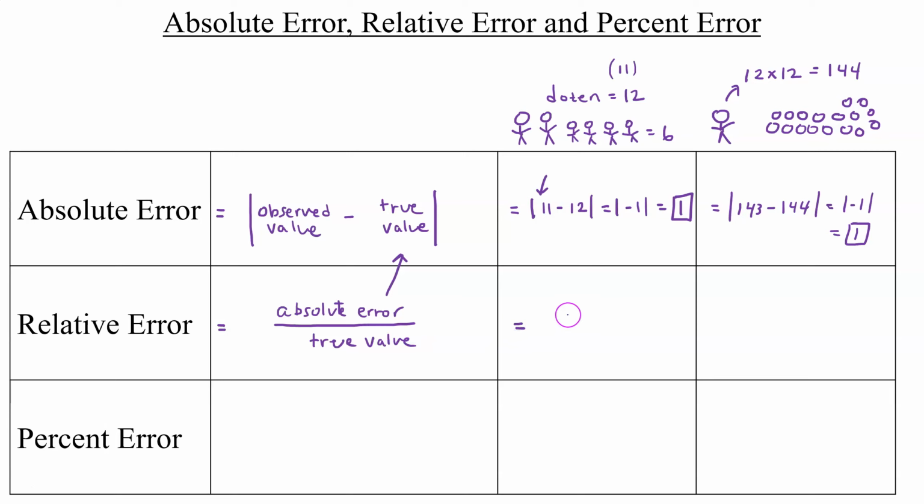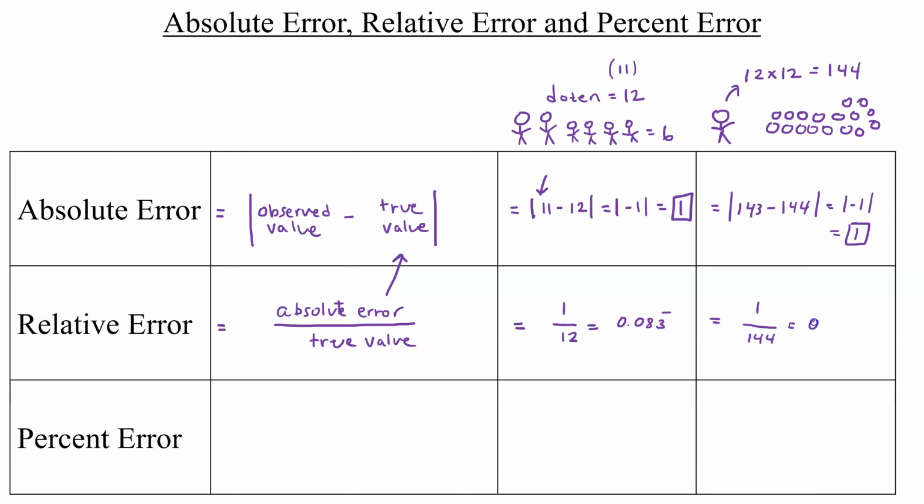So in this situation, our absolute error was 1. That's what we calculated up here. We expected to see 12 donuts, so 1/12. Or in decimal form, this is 0.083 repeating. In this situation here, we were off by 1, that was our absolute error, but we expected to see 144 donuts in all of the boxes.